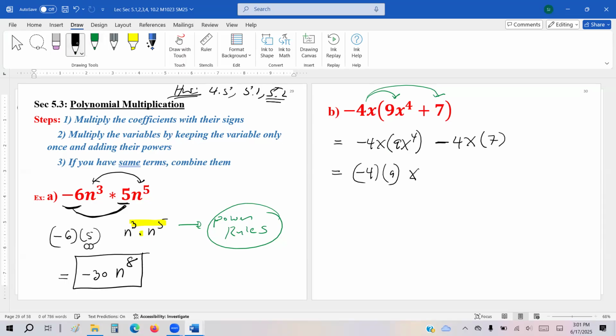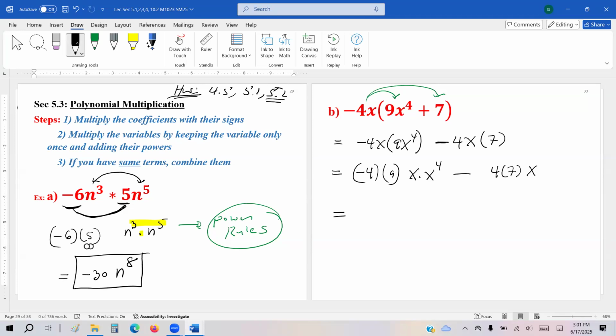And then x times x to the 4. Here we have 4 times 7 and then a single x. This line is extra, you don't have to write it once you understand the process. From the second line, you can directly write the fourth line.